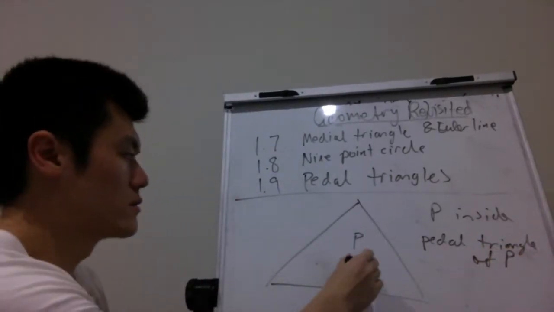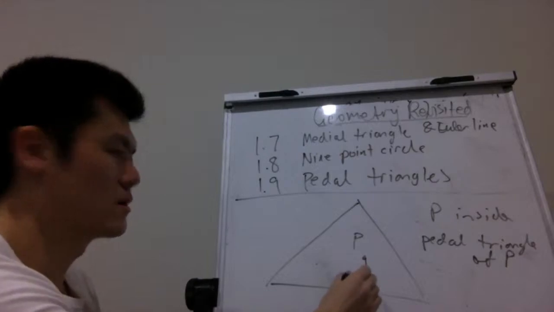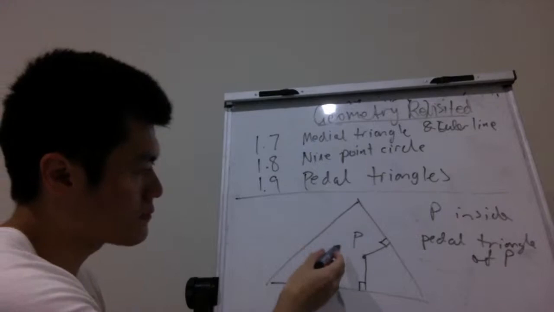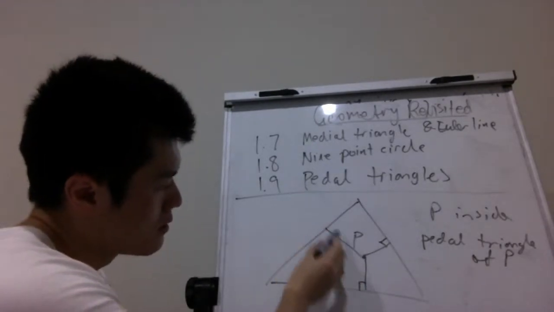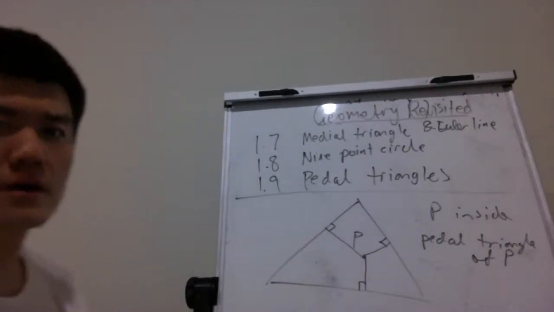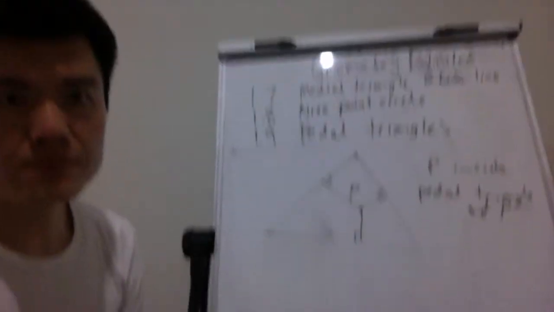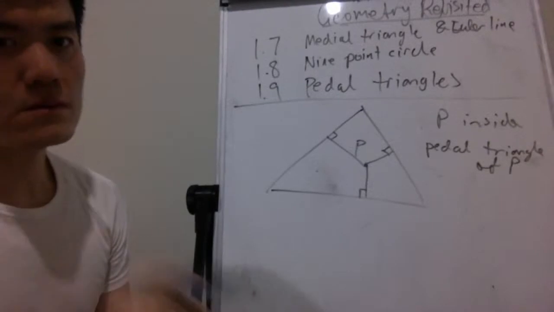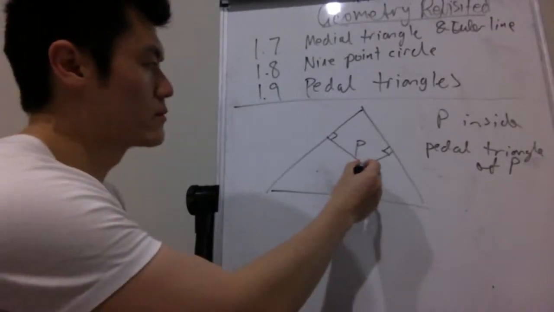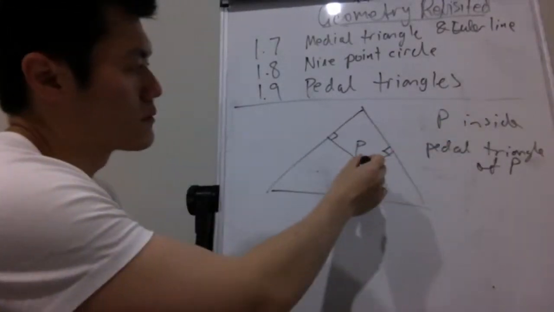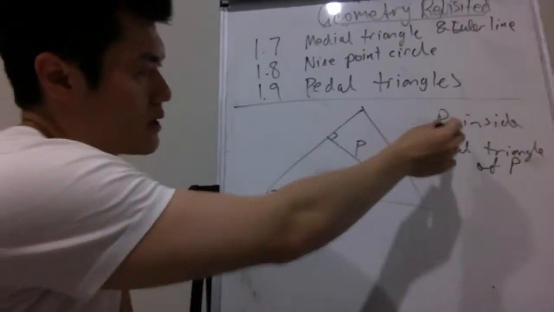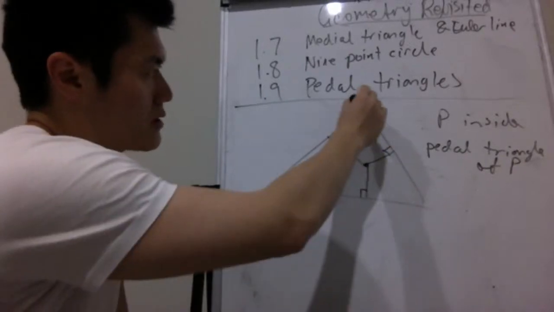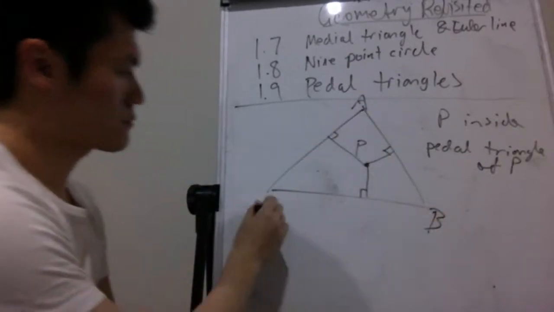Okay, so what you do is you take the perpendiculars. The Petal Triangle is defined as follows: you take a point inside called P, and for the Petal Triangle of P, you take the perpendiculars to the edges of the triangle.